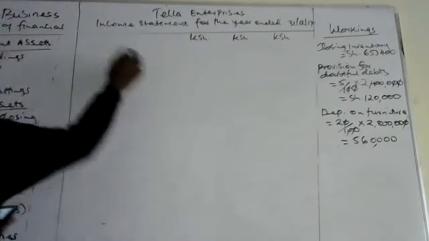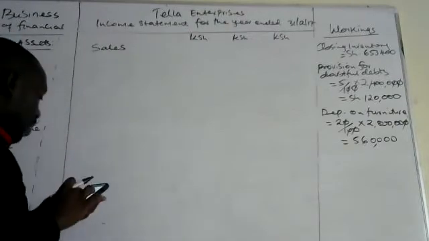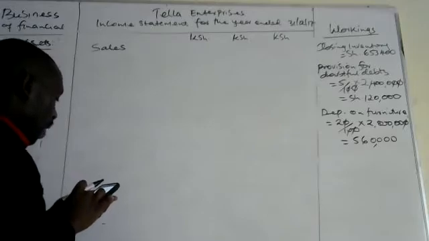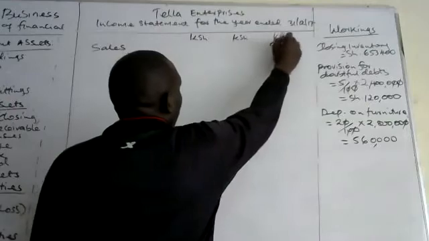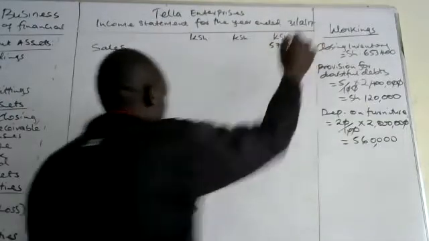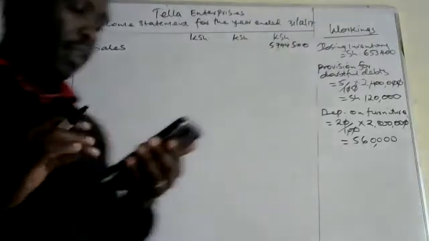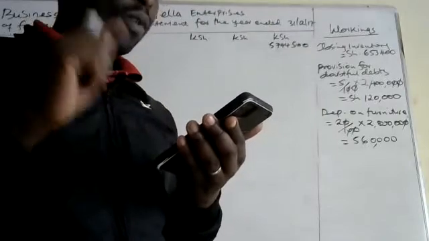So we start with the sales. The sales figure is 5,744,500. That is the sales figure. Once you have written the sales figure, you need to consider whether we have return inwards.